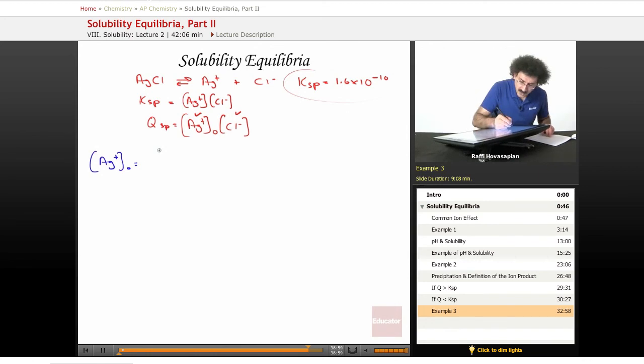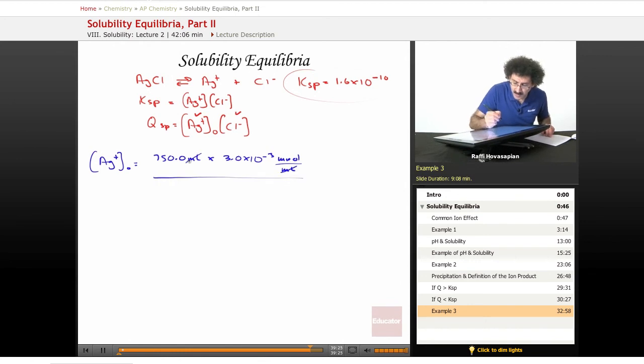Well, we had 750.0 milliliters of a 3.0, I'm sorry, not 2.0. Volume times molarity, 3.0 times 10 to the negative 3 millimoles per milliliter.